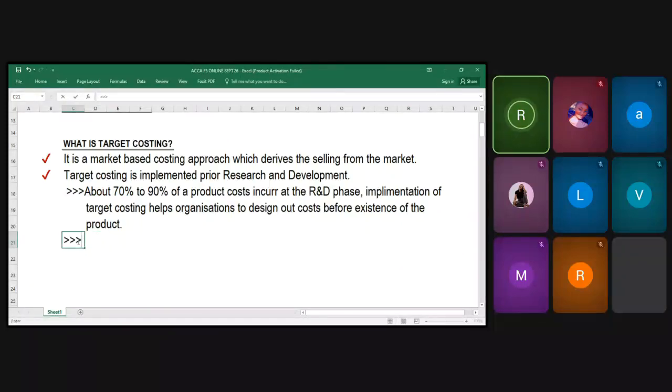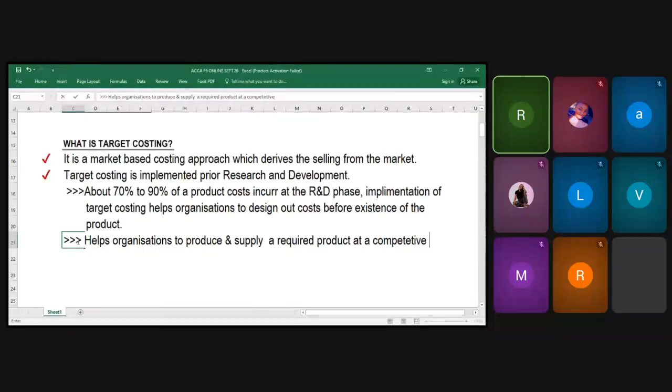Another item is that if we make use of target costing, it also helps organizations to produce and supply, I will explain this later on, a required product at a competitive price, okay, at a competitive price, right?